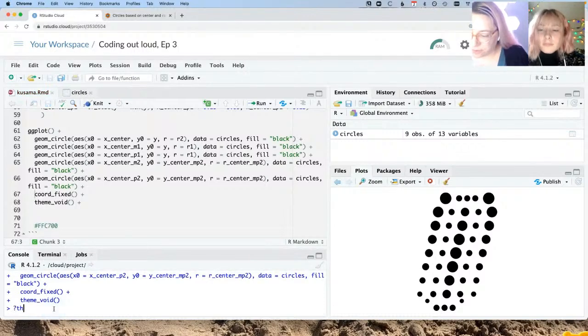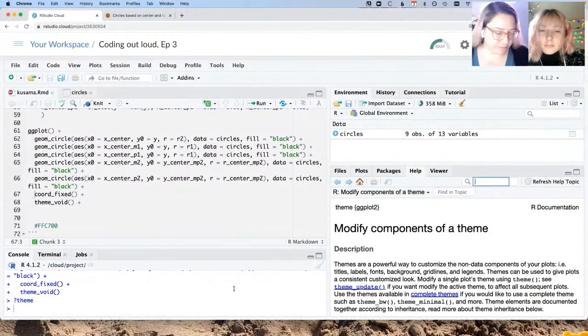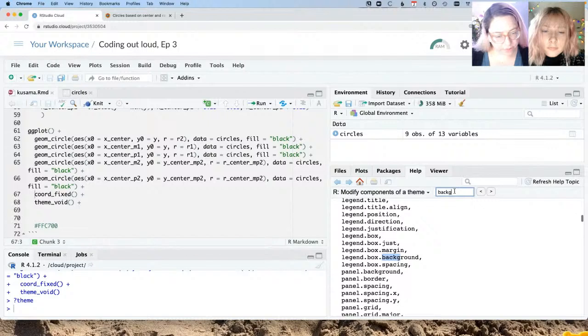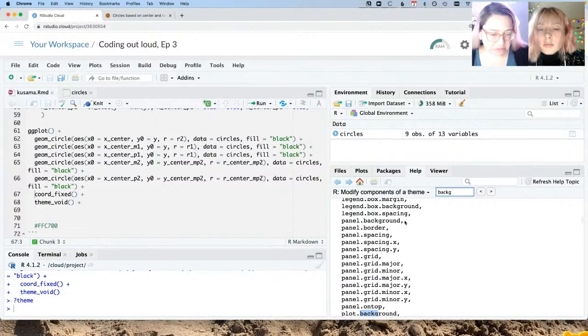I know that's from the theme in ggplot2, but let's try to find it in the help topic. Background. Legend background. Panel or plot background? Should we maybe just try each of them and see what the difference is?